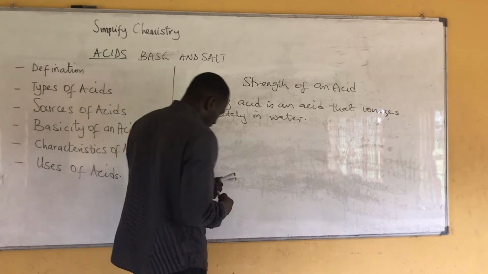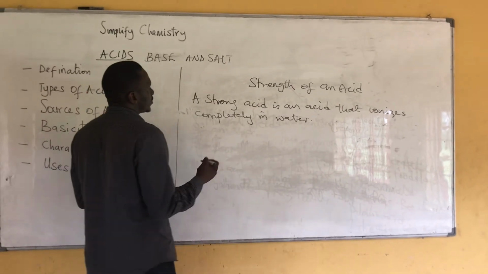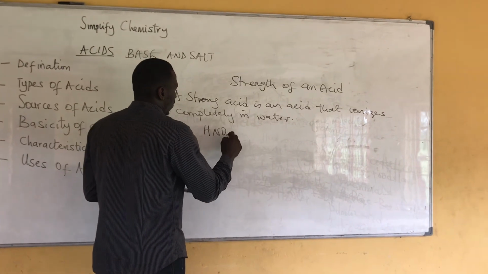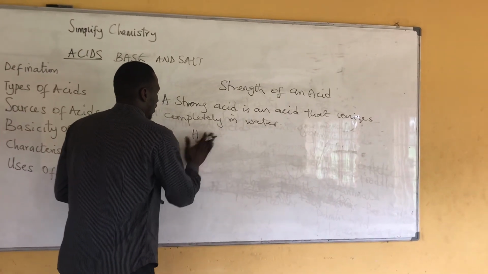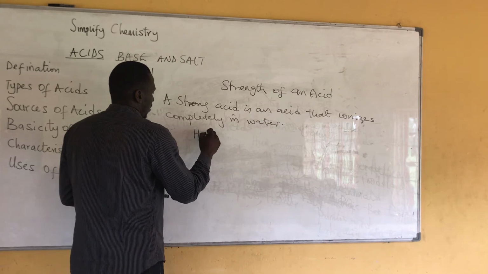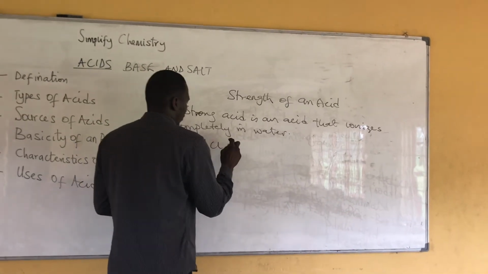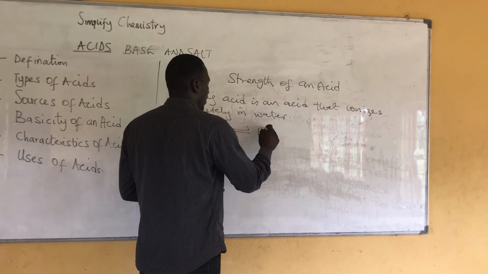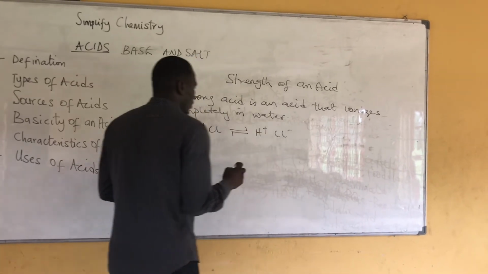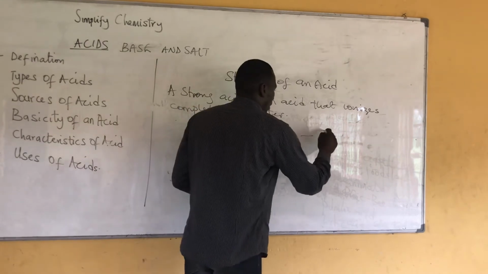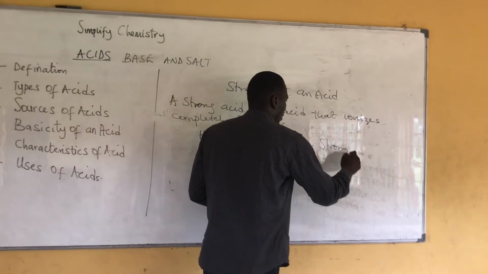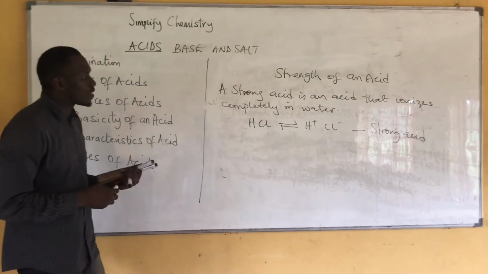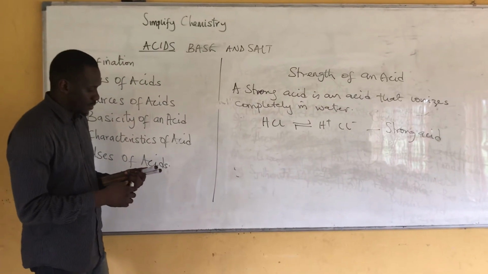Example, let's talk about HCl. It ionizes completely. Therefore, it is a strong acid. All the hydrogen atoms will be ionized.